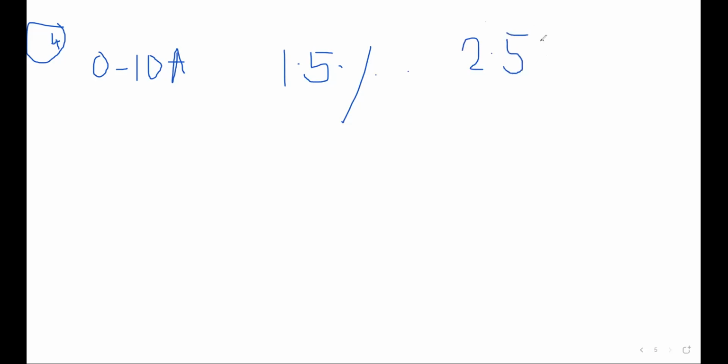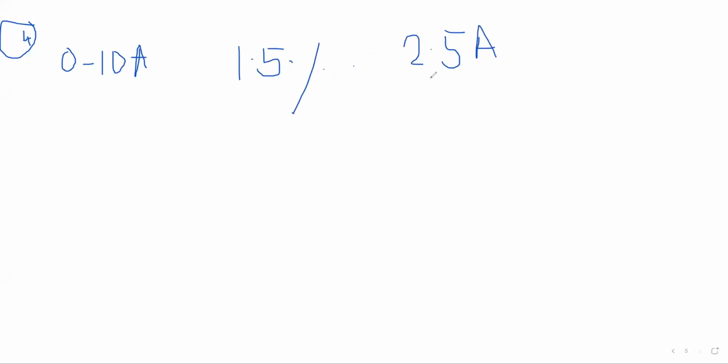The current measured is 2.5 ampere. Clear? Calculate the limiting values of current and the percentage limiting error. So you are given these values. I will repeat the question again.